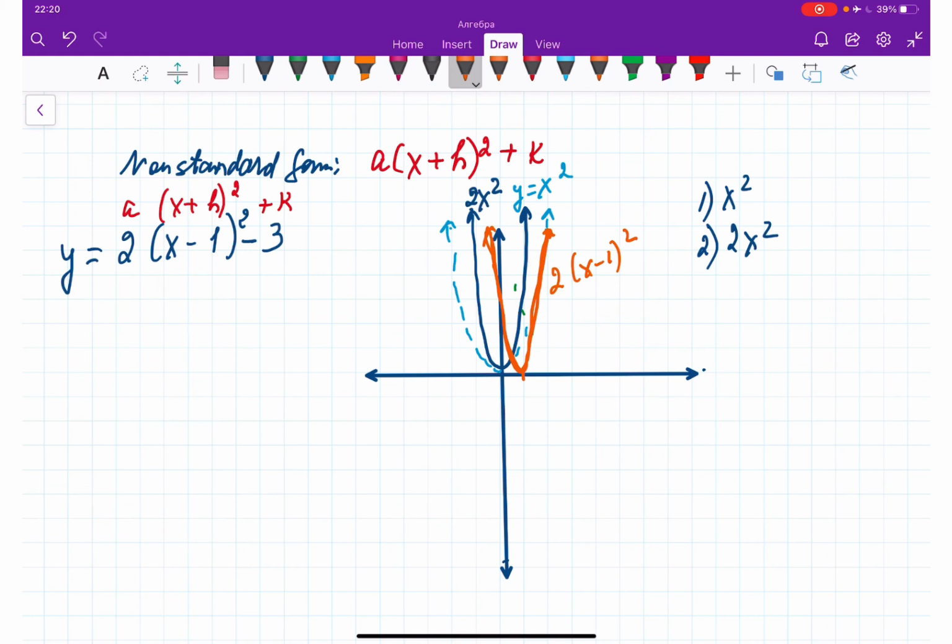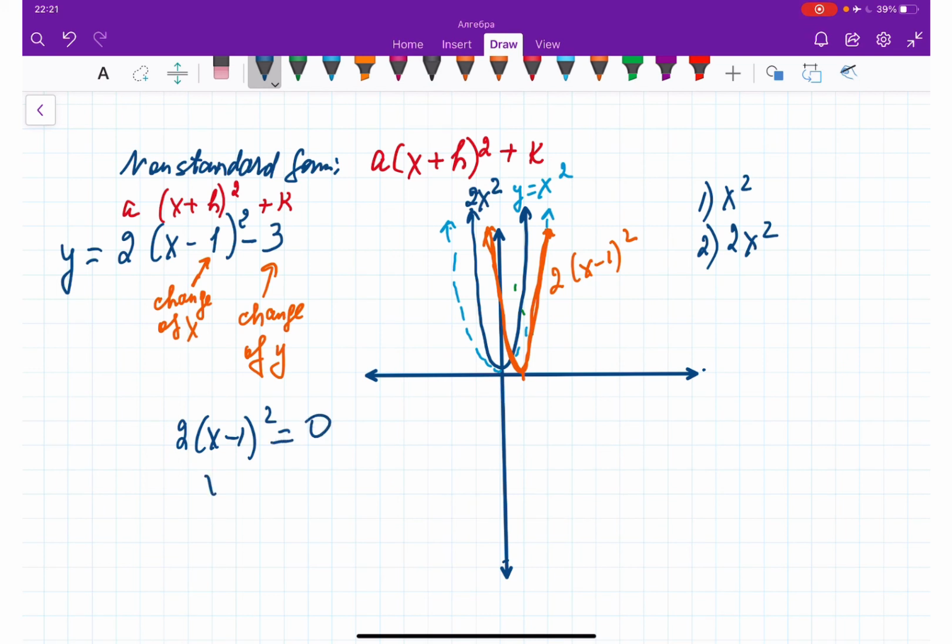So let me make sure: this minus 1 is a change of x, and minus 3 is a change of y. And keep in mind, when it comes to change of x, you always move in the opposite direction. Why? Because if you have, let's say, twice x minus 1 squared equal to 0, from here x minus 1 squared is also 0, x minus 1 is equal to 0, and x is equal to positive 1.